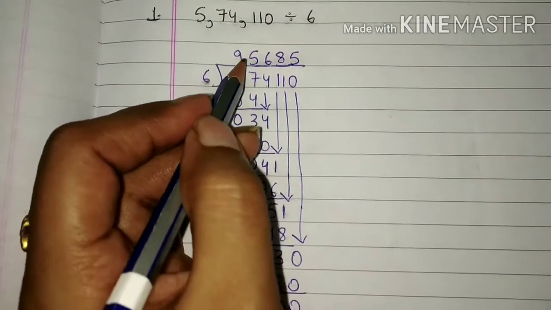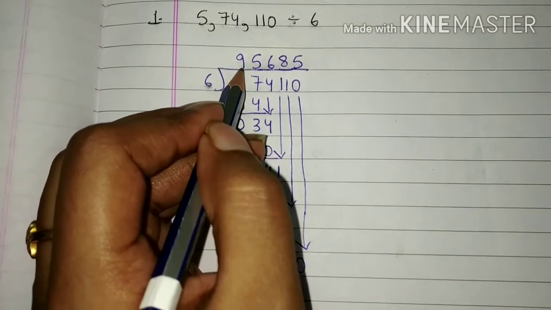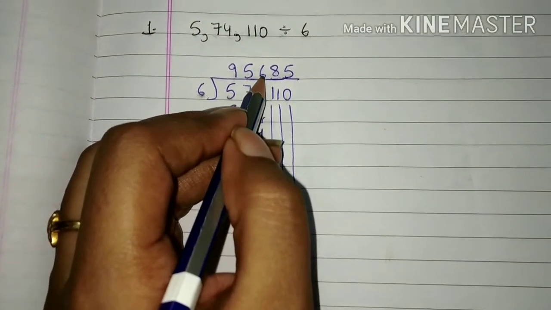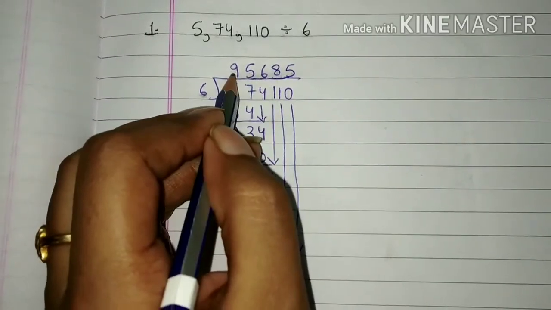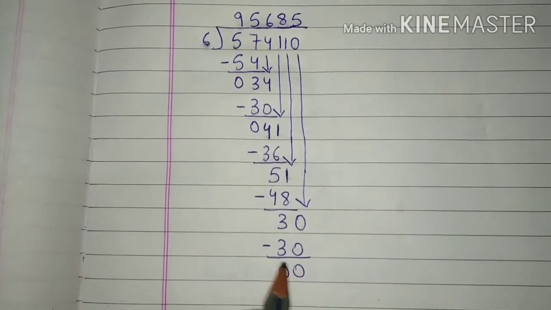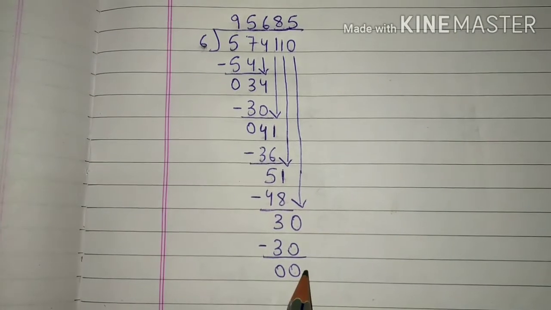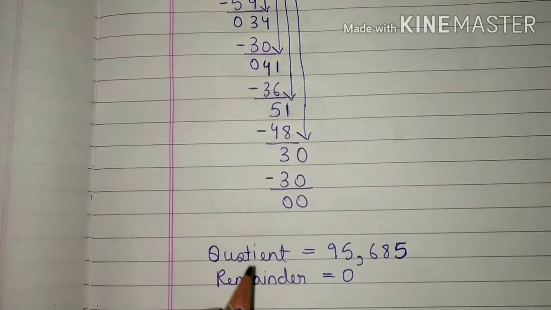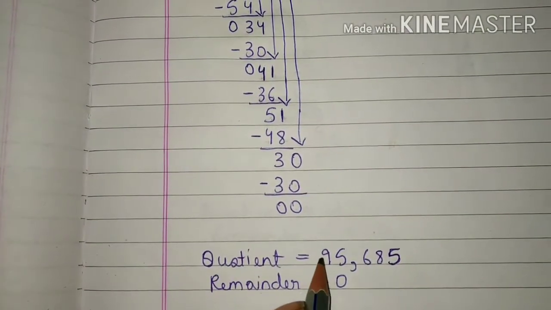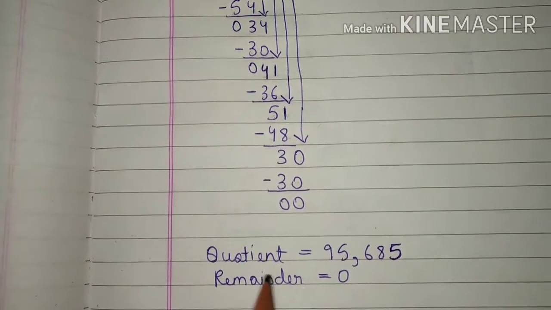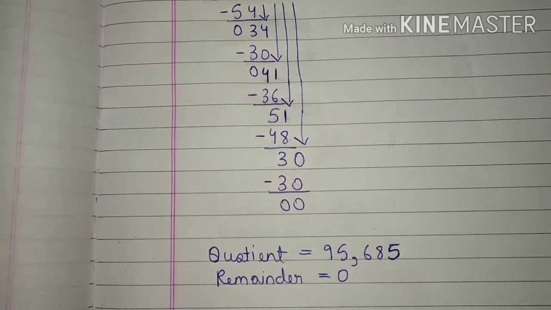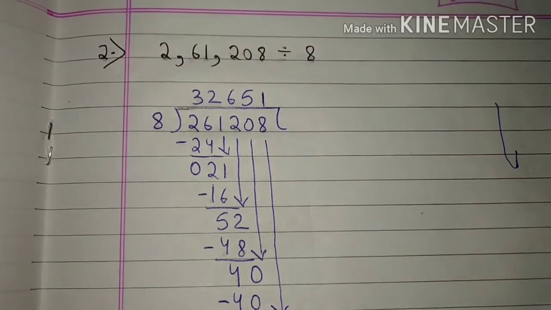Students, 95,685. This is your question and 0 is remainder. Question is 95,685. Remainder is 0.